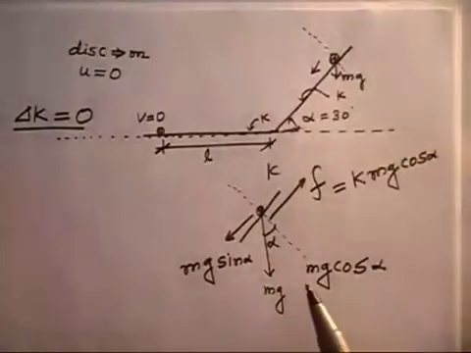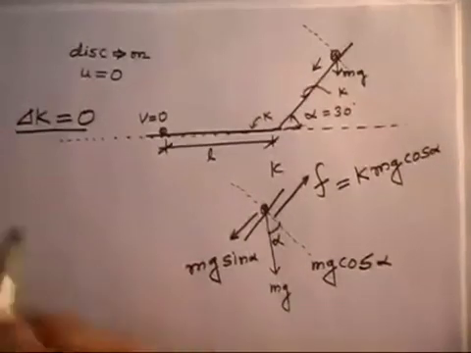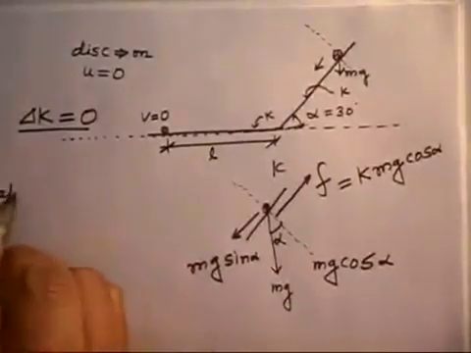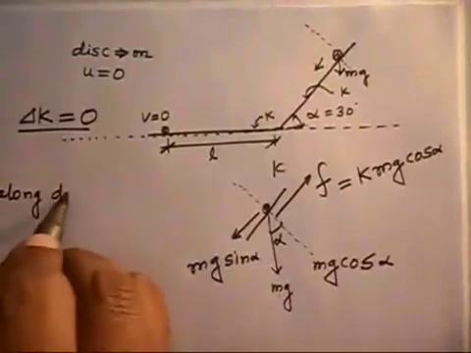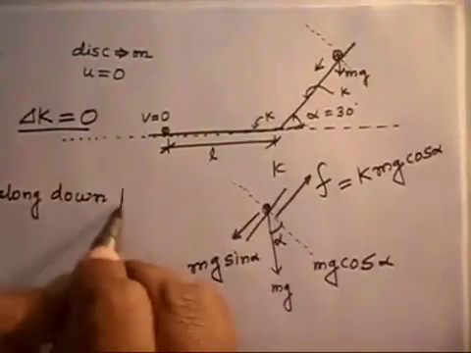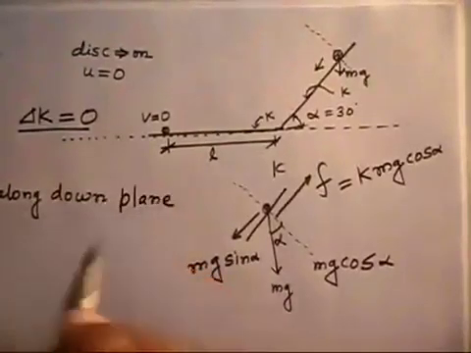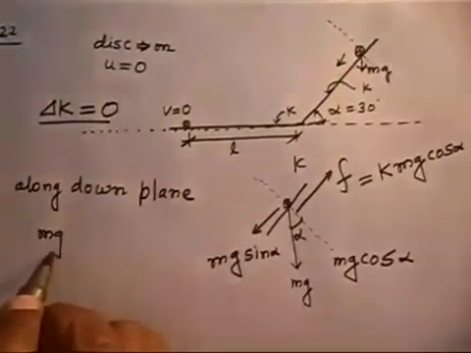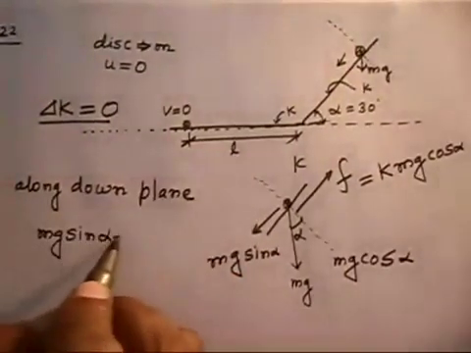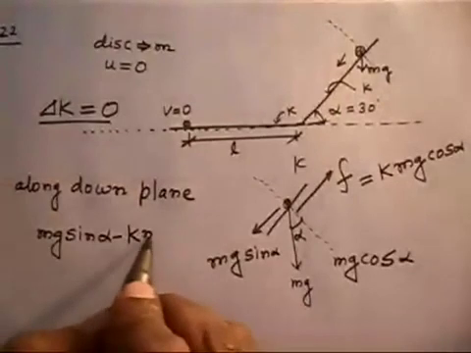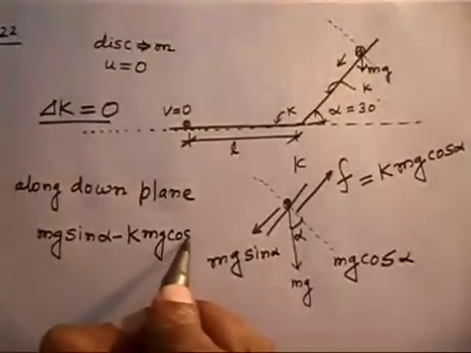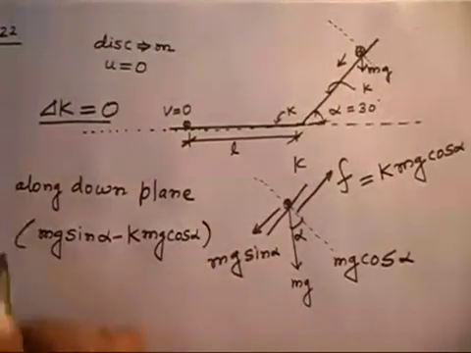Because I know the force. The force along the plane, down the plane, is nothing but mg sin alpha minus k times mg cos alpha. So this is the force.